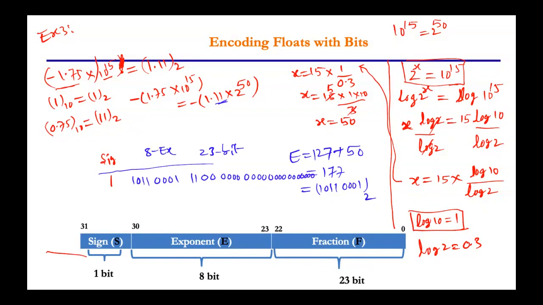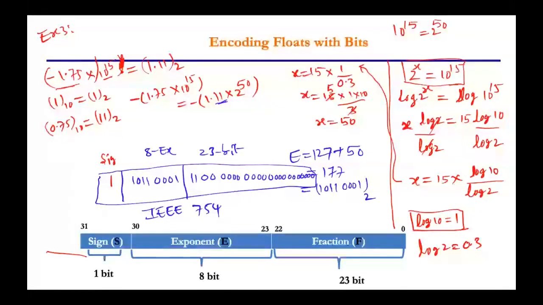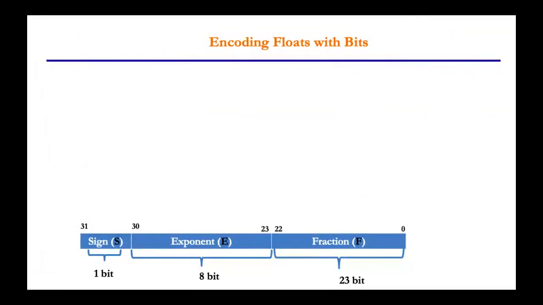So this is a representation of your negative number in IEEE 754 format or encoding of your floating number. We call this the example. These are the examples for encoding the floating points.